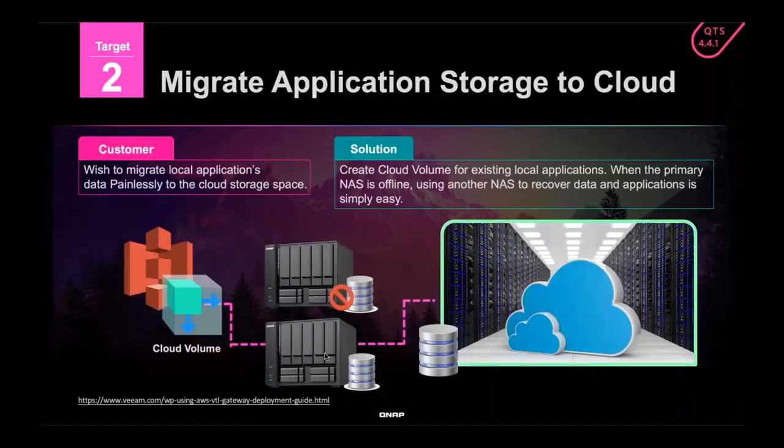So something you could potentially do with VJBOD Cloud is you could make a cloud volume. You could mount that volume on your NAS so that your NAS will use that cloud volume as its storage. And then if the NAS breaks or gets stolen or there's a fire or whatever, you could just mount that cloud volume on another NAS and just get right up and running.